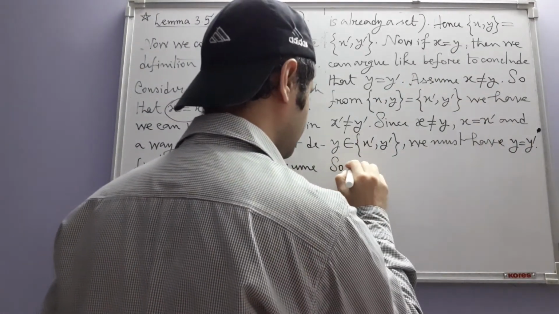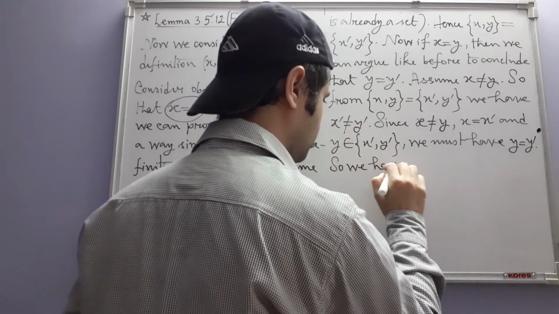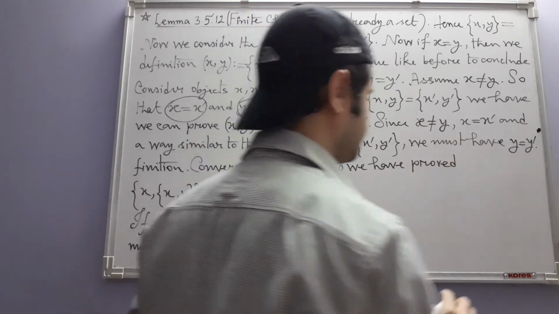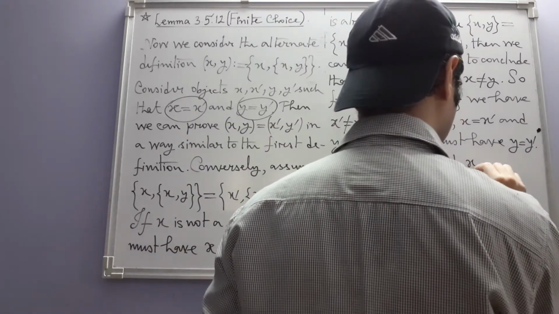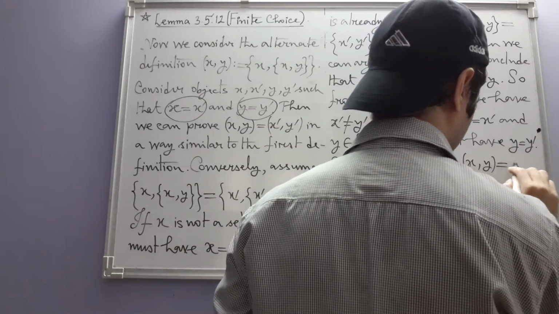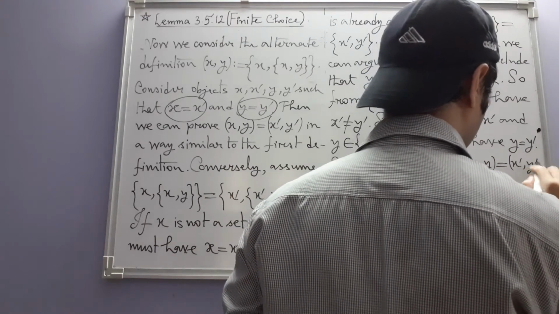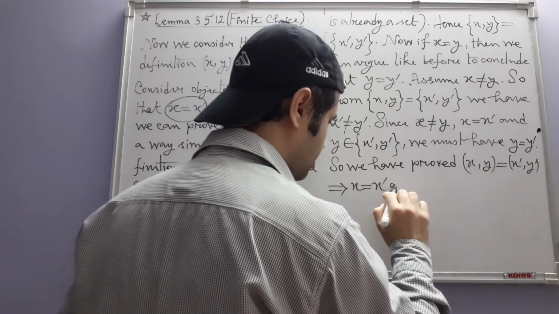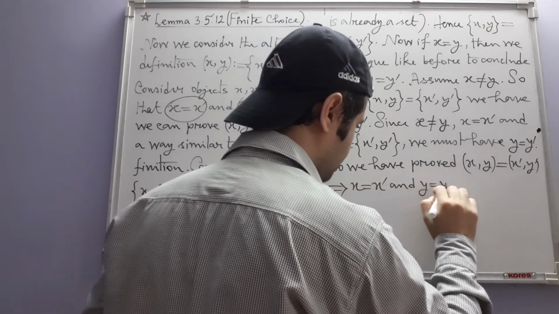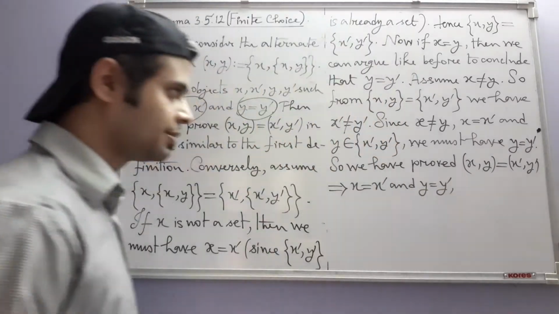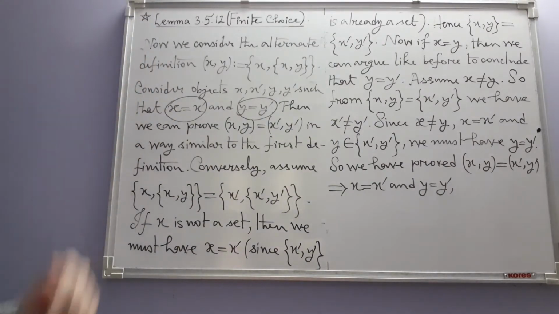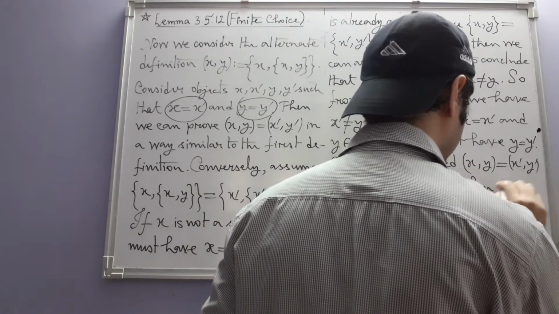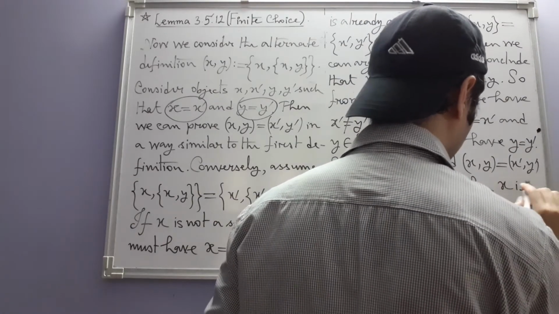So we have proved that this implies x is equal to x prime and y is equal to y prime, but now the condition is different than what we previously did, when x is not a set.